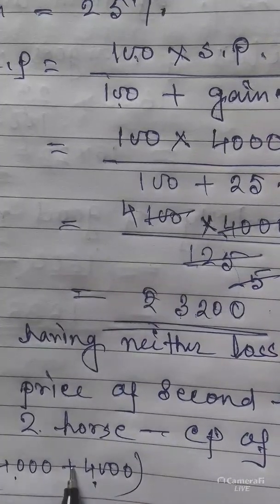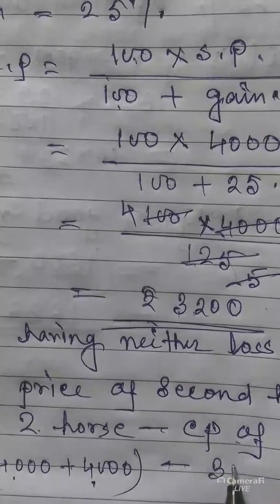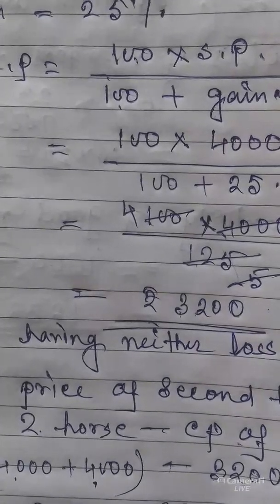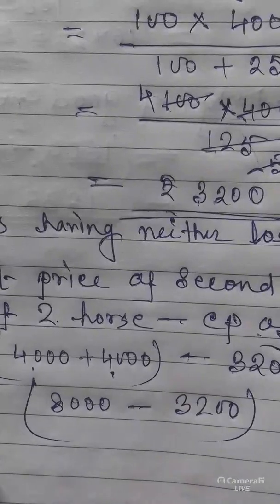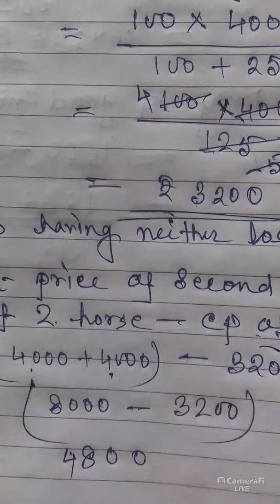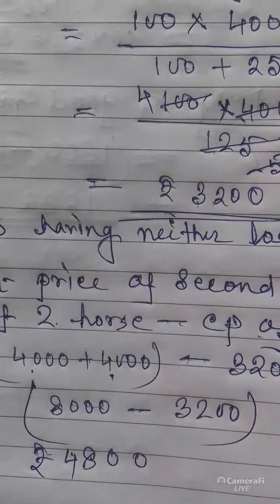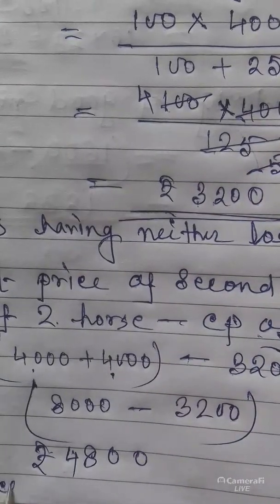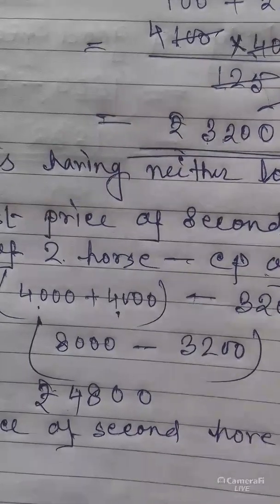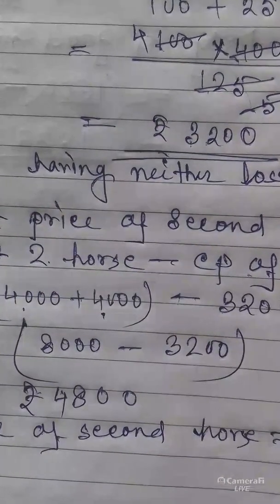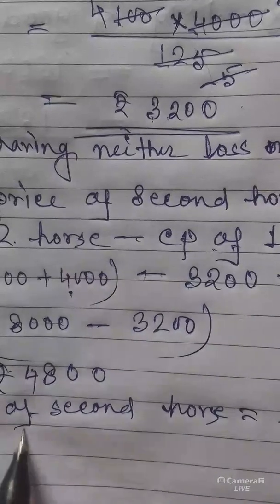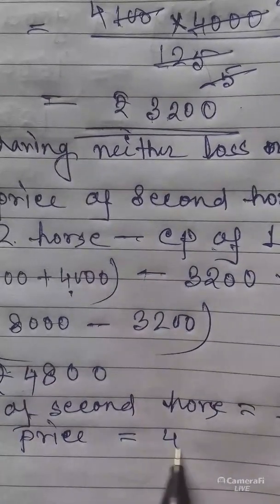So 8,000 minus 3,200 rupees is 4,800. Cost price of the second horse equals rupees 4,800, and the selling price of each horse is rupees 4,000.